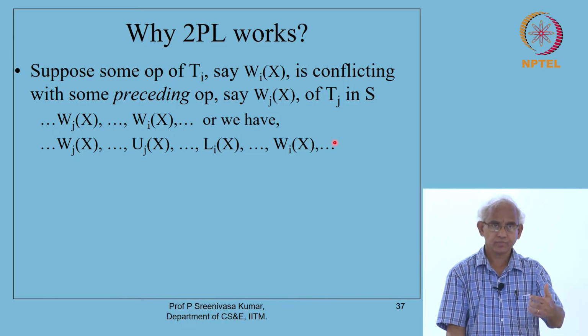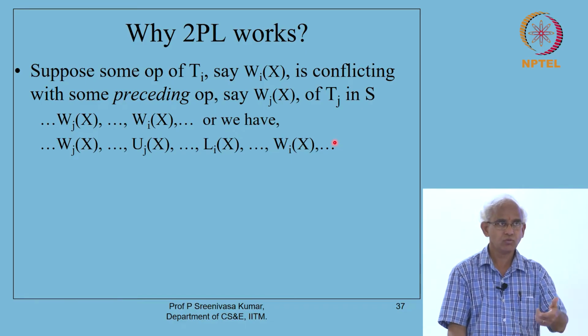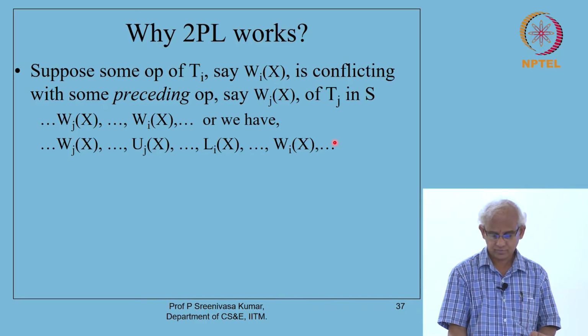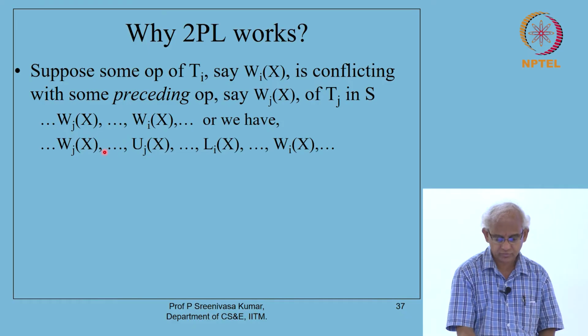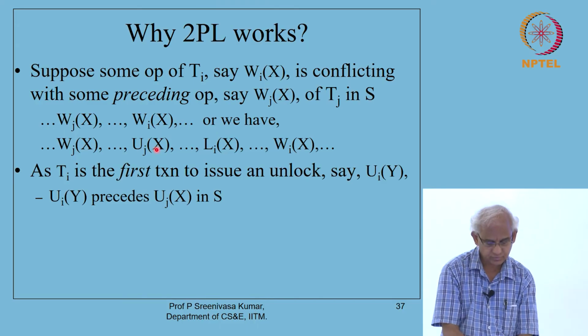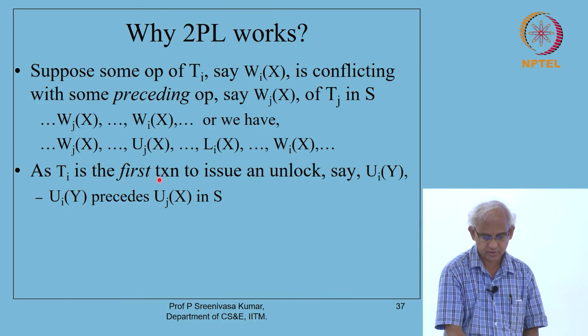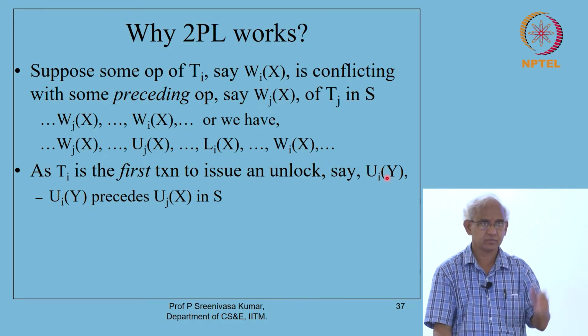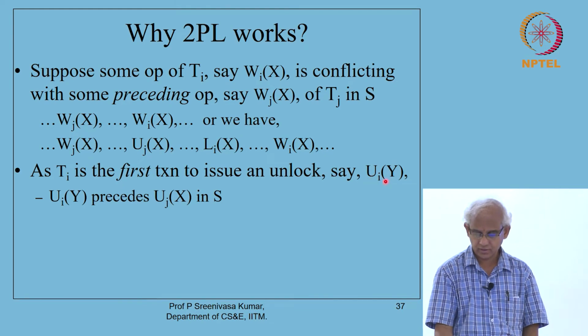Now, let us bring in the assumption about Ti. What is the assumption about Ti? Ti is the transaction that did the first unlock among all the other transactions. So, obviously that unlock must have come before this one. As Ti is the first transaction to issue an unlock, let us say Ui of y on some item, it has released a lock.